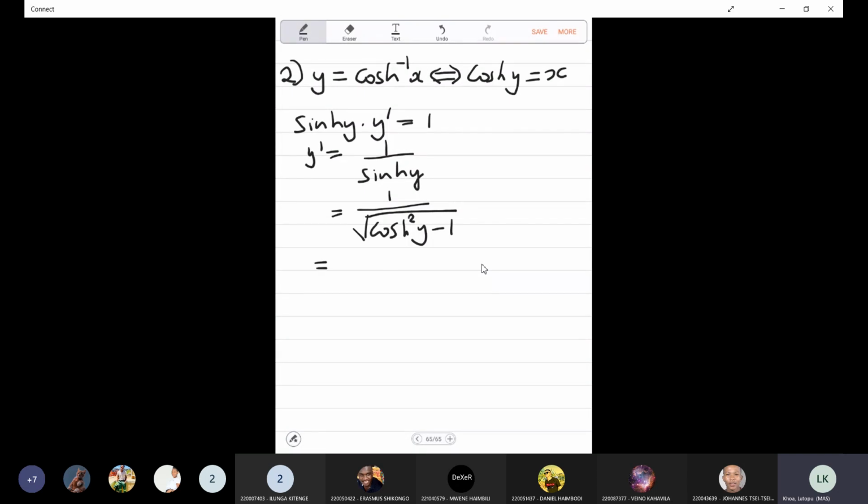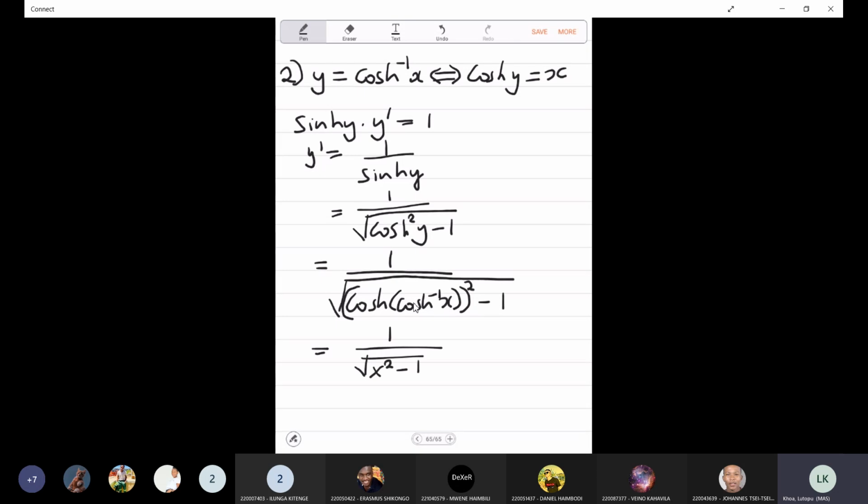So this is 1 over square root of hyperbolic cos of hyperbolic cos inverse of x squared minus 1. So hyperbolic cos inverse, those two cancel each other out, and you're left with the square root of x squared minus 1. Okay, so that is the derivative of a hyperbolic cos inverse.